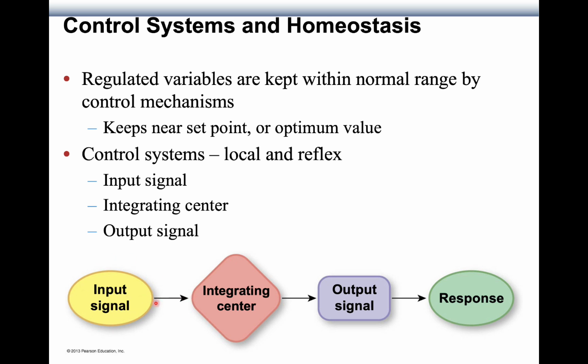All of those input signals end up going to this integration center. And for the most part, in us as humans, our integration center is our brain. So our brain is integrating that input signal and deciding what it wants to do with it. And once it decides, it sends out an output signal, and that output signal is what creates some sort of response in your body.